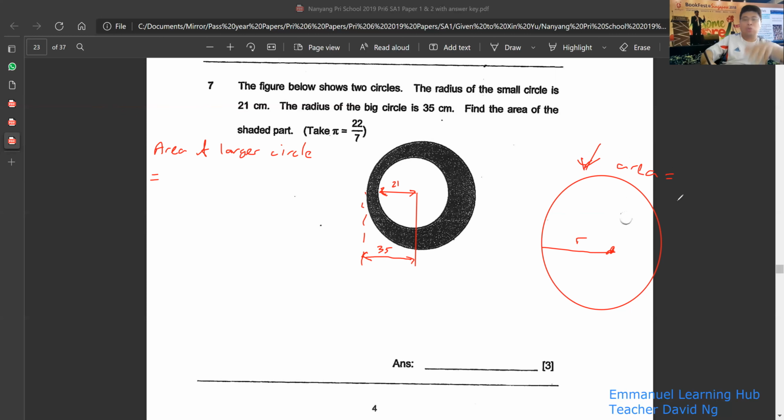Okay. In this case, you don't use 3.14. You should use 22 over 7, because the question explicitly tells you your pi is 22 over 7.